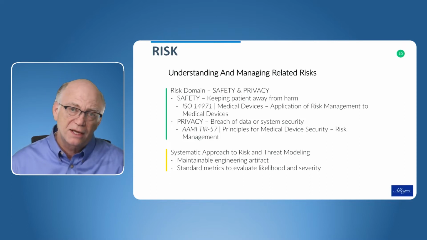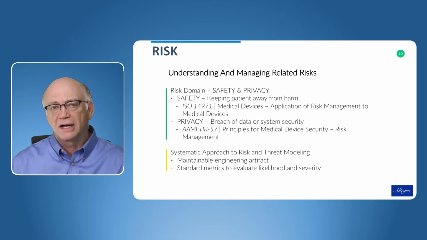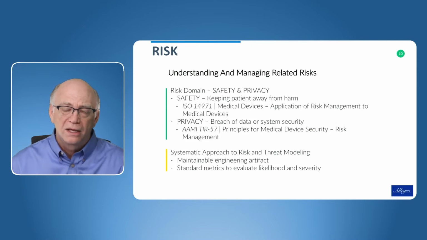Privacy is a more recent characteristic of medical devices, particularly IoMT devices, where you need to make sure that the data that is generated, communicated from, or stored on a device is stored in an appropriate way, such that data breaches are handled appropriately and data is not leaked from that particular patient.